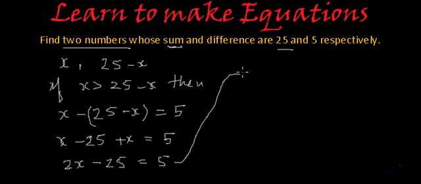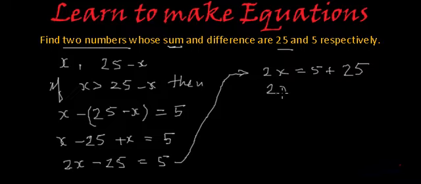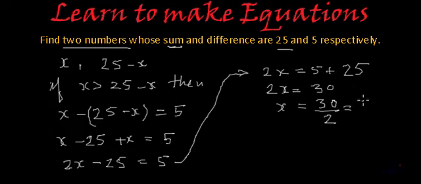And from here, if we add 25 to both the sides, we will get 2x is equal to 5 plus 25, that means 2x will be equal to 30. And if we divide both sides by 2, we will get x equal to 30 divided by 2, which is 2 ones are 2 and 2 fives are 10.